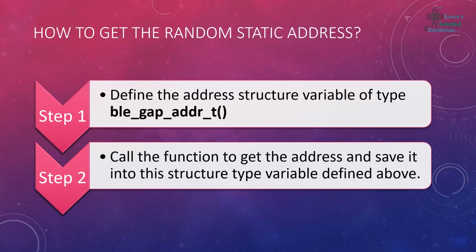First, we need to define a variable of type ble_gap_addr_t. Then we call a function to get the address and save it into the structure of this type, and we can retrieve the address from this structure.